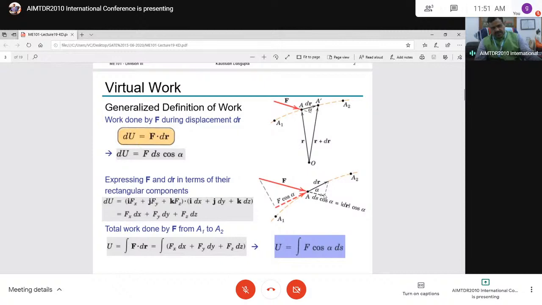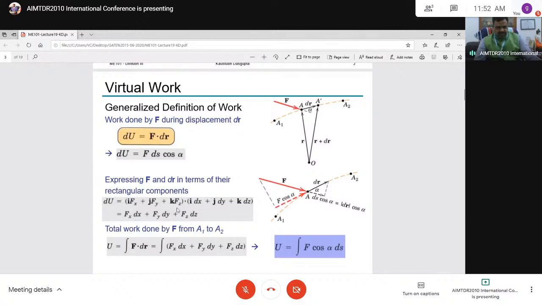This is ds cos alpha along the force and this is ds sin alpha. You know that this force is F dr cos alpha. That is how we write along the x component: i Fx, j Fy, k Fz into i dx, j dy, k dz, the dot product.